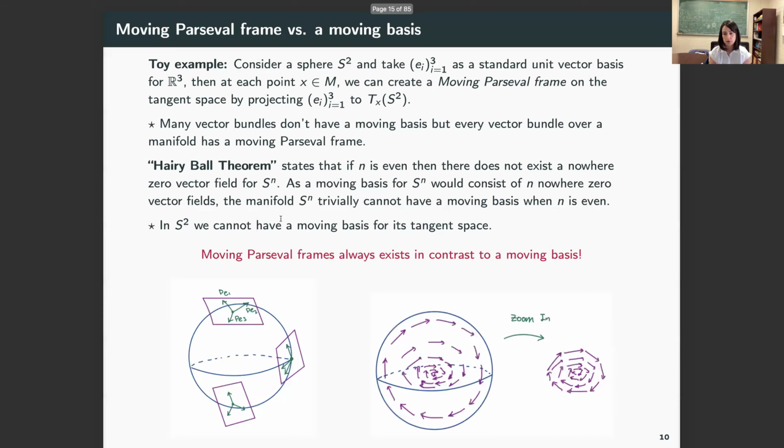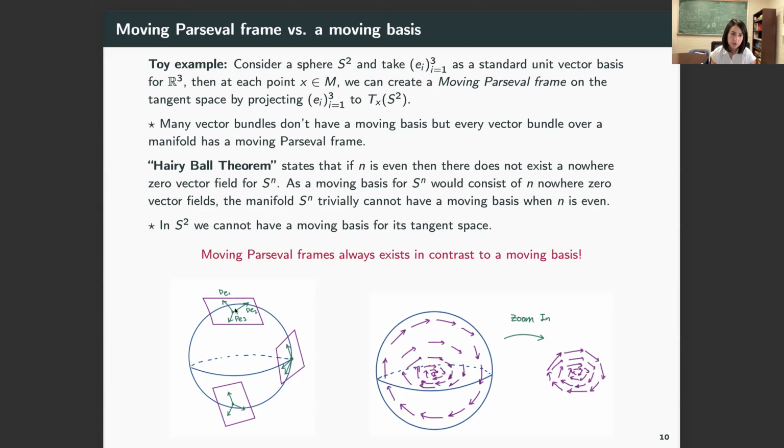And if you look at this picture, it's like a cartoon of what happens in the hairy ball theorem: at some point on the sphere, things get weird and it's just going to project to 0, and you might not be able to have a moving basis.